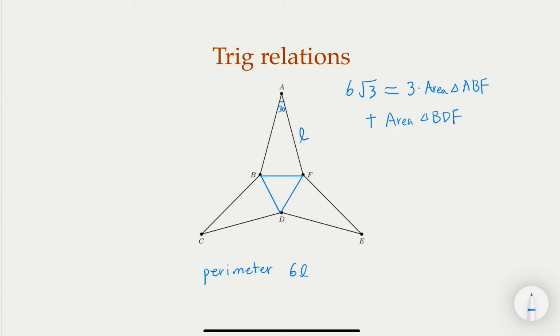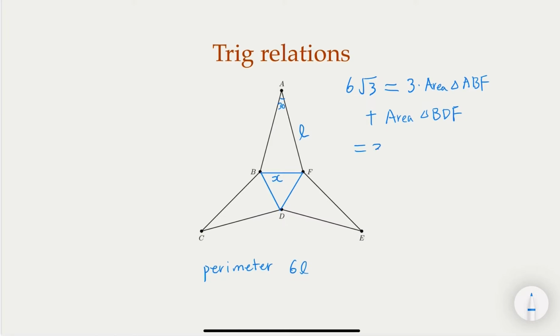Now we need to figure out how to express the area in terms of L. Let's say the base is X here, then the triangle is 3 times 1/2 of the base, which is X, times the height.